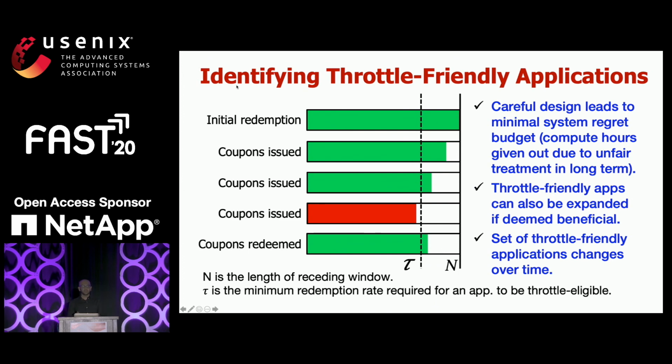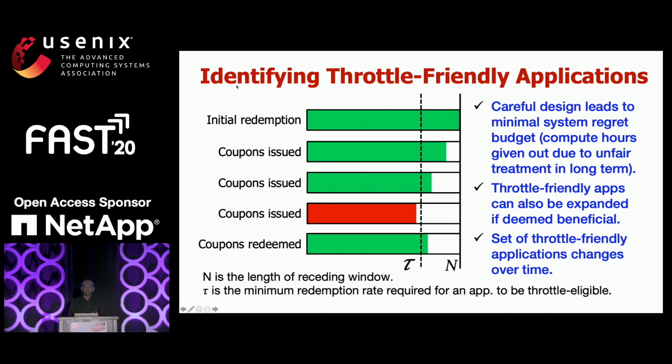Okay, so the first step is to identify throttle-friendly applications. For this, we use a receding window approach, where initially, when the application is initialized, it has a perfect redemption rate of 100%, as is seen in the top bar, where the 100% is actually n, where n is the number of coupons that can be issued to them at maximum. And as more and more coupons are issued to them, their redemption rate keeps going down.